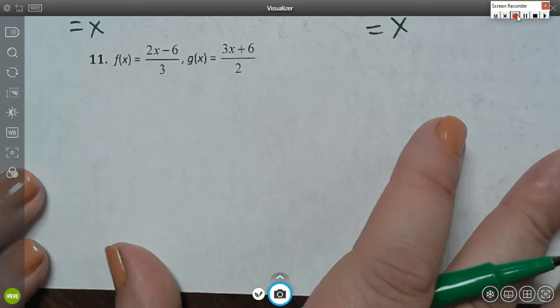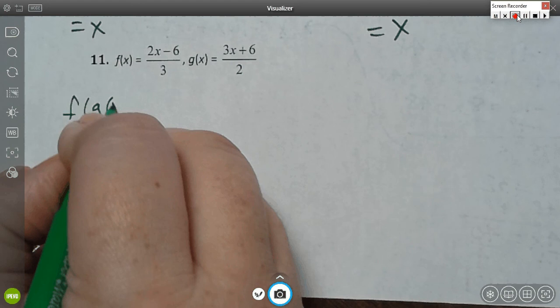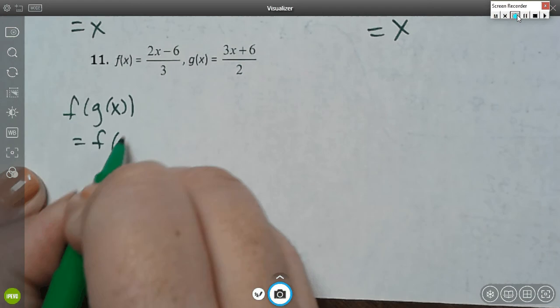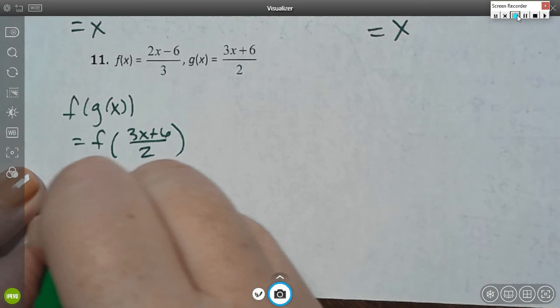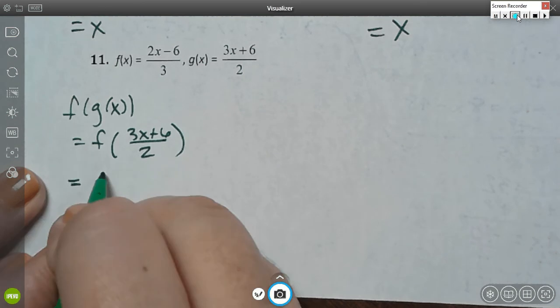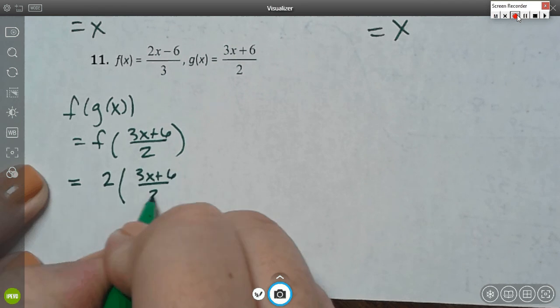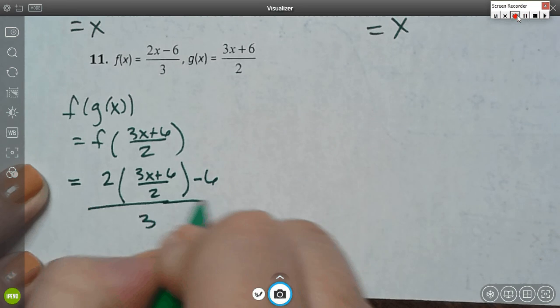Again, f of g of x and g of f of x. So f of g of x would be f of 3x plus 6 over 2. So 2 times 3x plus 6 over 2, minus 6, over 3.